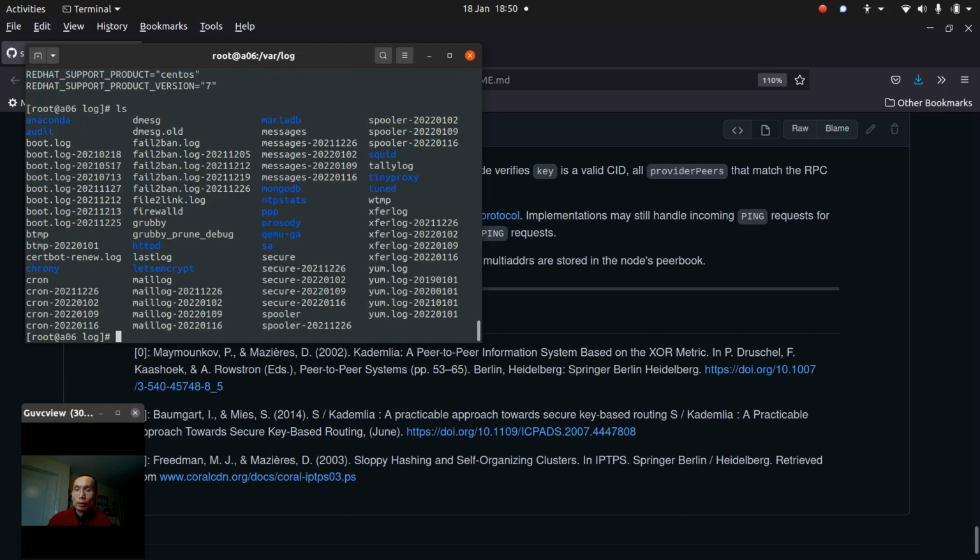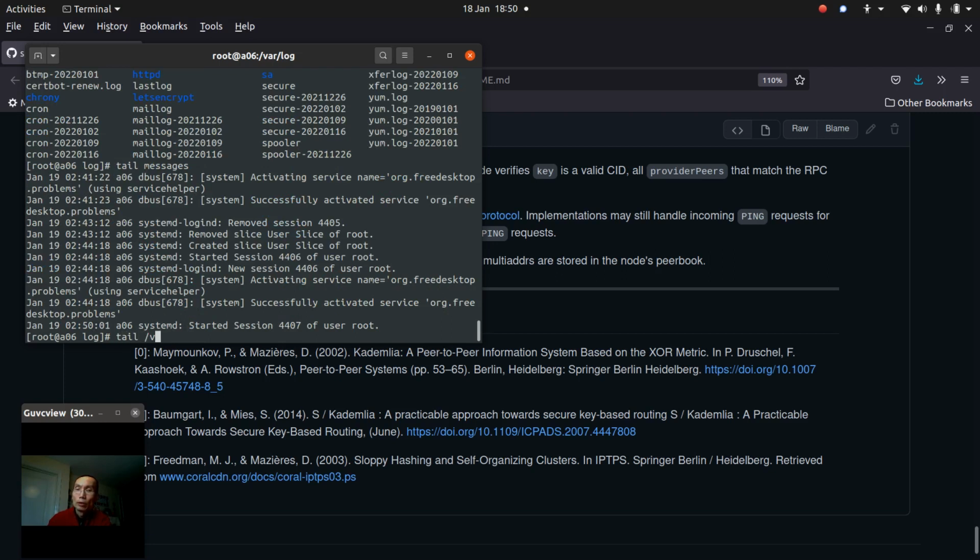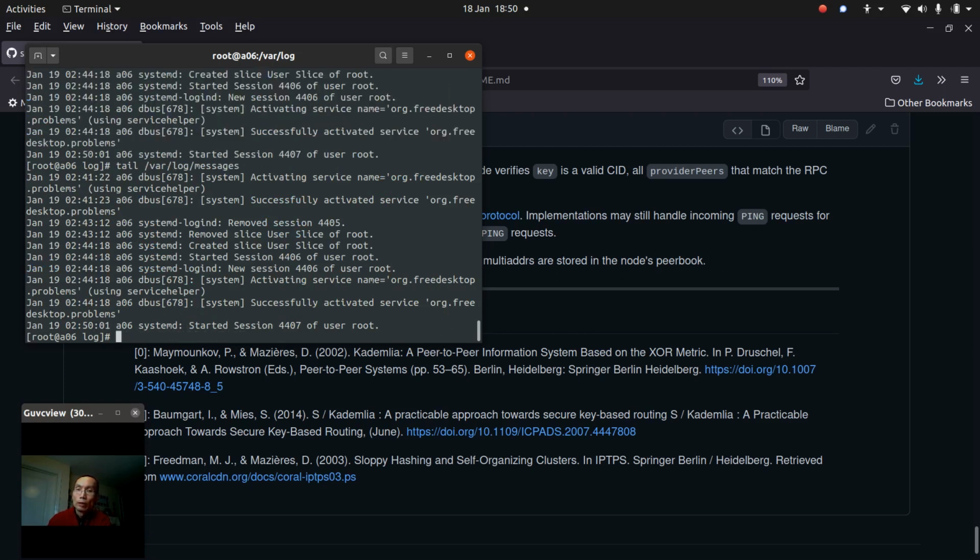Maybe we'll have a video on how to migrate this to, say, Ubuntu. But anyway, now I have the messages file, so I would just tail it to see what the latest system messages are that would particularly catch my attention.